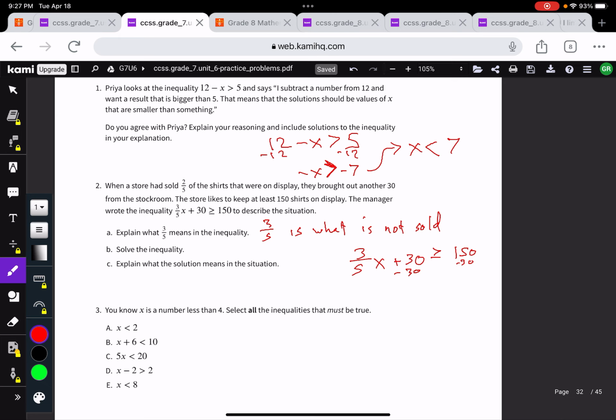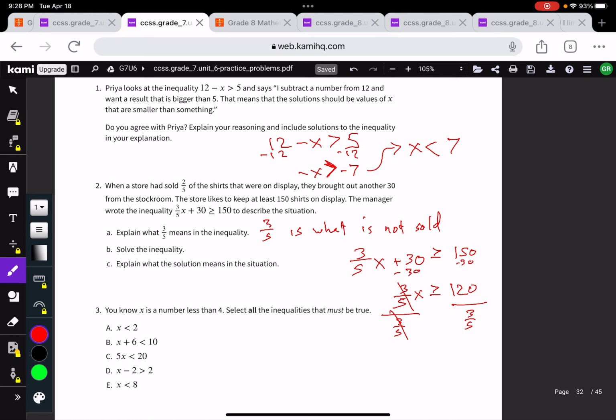They brought out another 30. So that means 3/5 of what was left is going to be greater than or equal to 120. Now I got to divide each side by 3/5. 3/5 divided by 3/5 is 1. 1x is what I want.